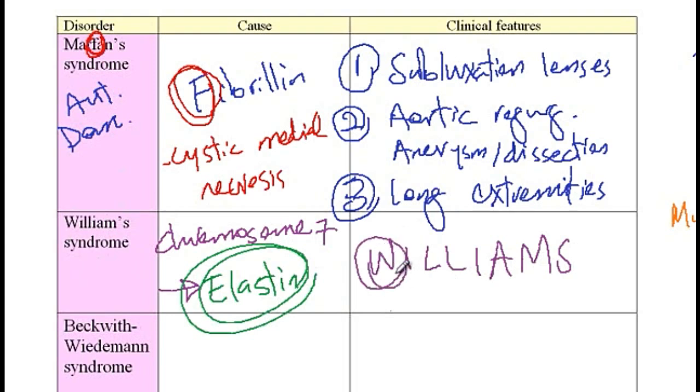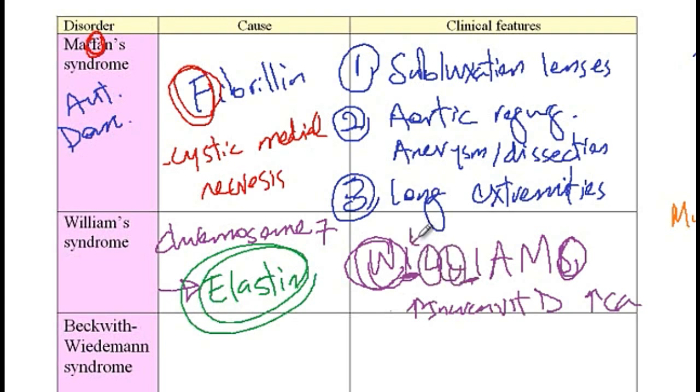So W goes for well-spoken, S goes for stranger friendliness, I goes for increased vitamin D sensitivity and increased calcium. L, two L's, one goes for elastin, and then the other L goes for elfin features. A goes for aortic stenosis, and finally M goes for mental retardation.